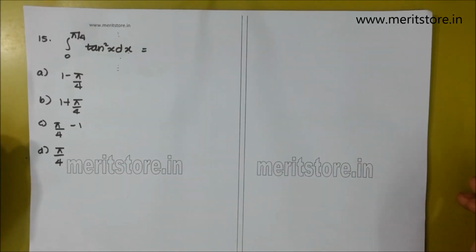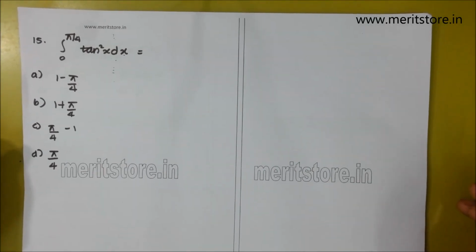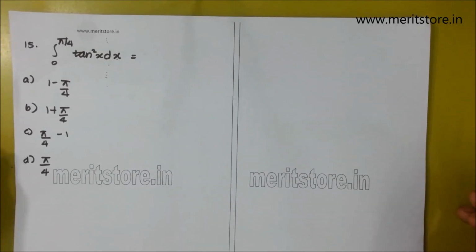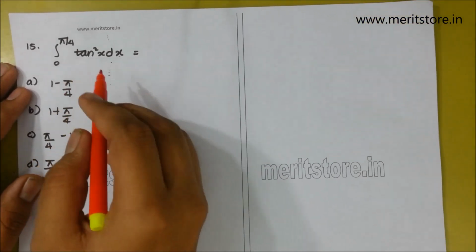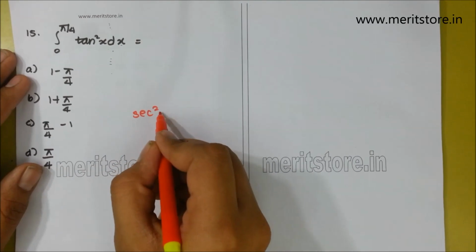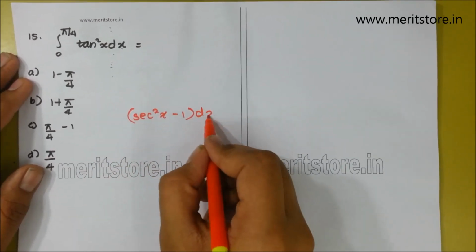Question number 15. Integral from 0 to pi by 4 tan square x dx is equal to. Now to solve this question, instead of tan square x, we can write sec square x minus 1, dx.